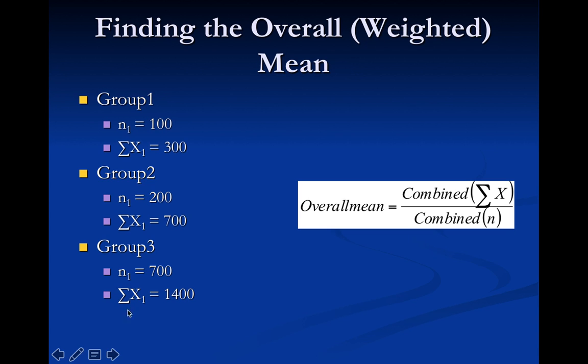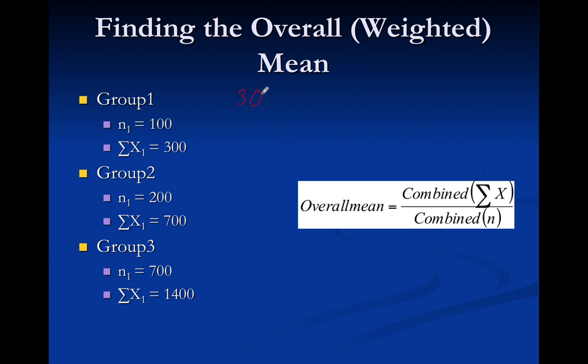So essentially here, what happens is, let's say for instance we have 3 different groups, and here what I've done is I've just labeled them as being group 1, group 2, group 3, just unidentifying group categories. It doesn't really matter what they are, but here we have 3 different groups. So let's say for group 1 we have 100 individuals, and when we summed up all their scores, their sum of X was 300, right?